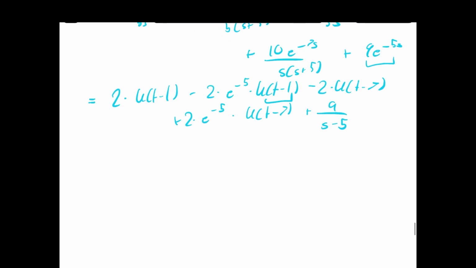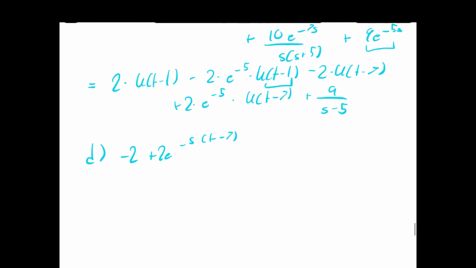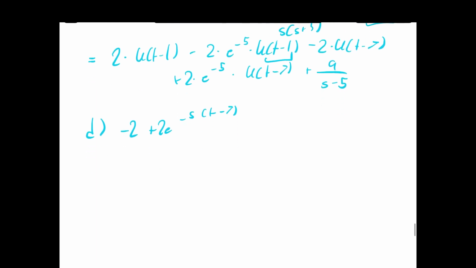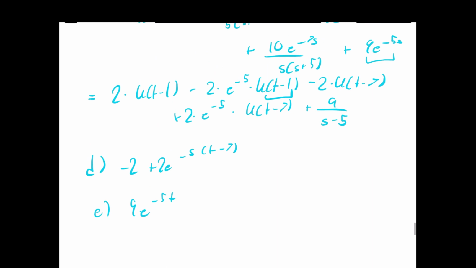So for part D, I'm looking to enter negative 2 plus 2e^(-5(t-7)), and for E, 9e^(-5t), because you're literally just looking for where you had s and plugging in t. I work with different variables, but that's fine.